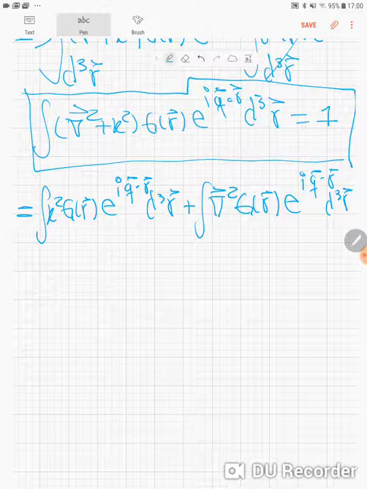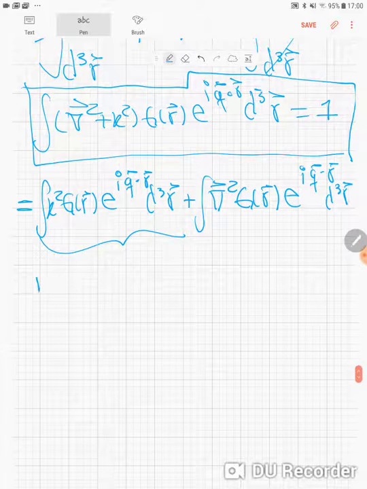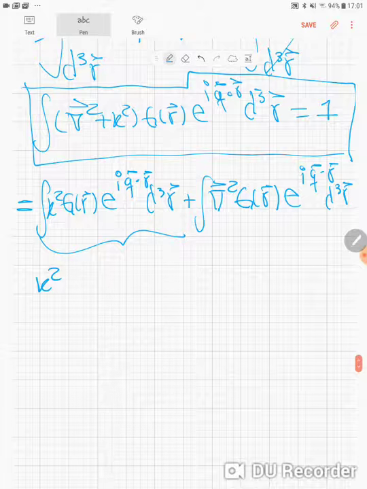And what we have to do here is this. So you just note here that this thing is just k squared times the Fourier transform of G. So this is G of q.